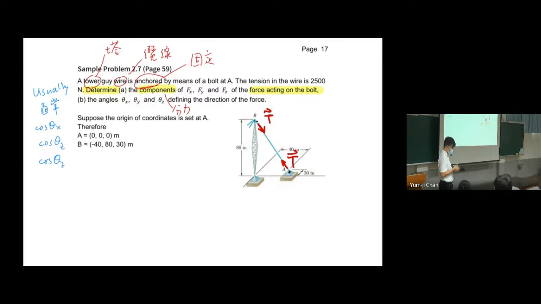But remember, the question asks us for the force acting on the boat, on this one. So we should calculate this one, but not this one. It's okay.